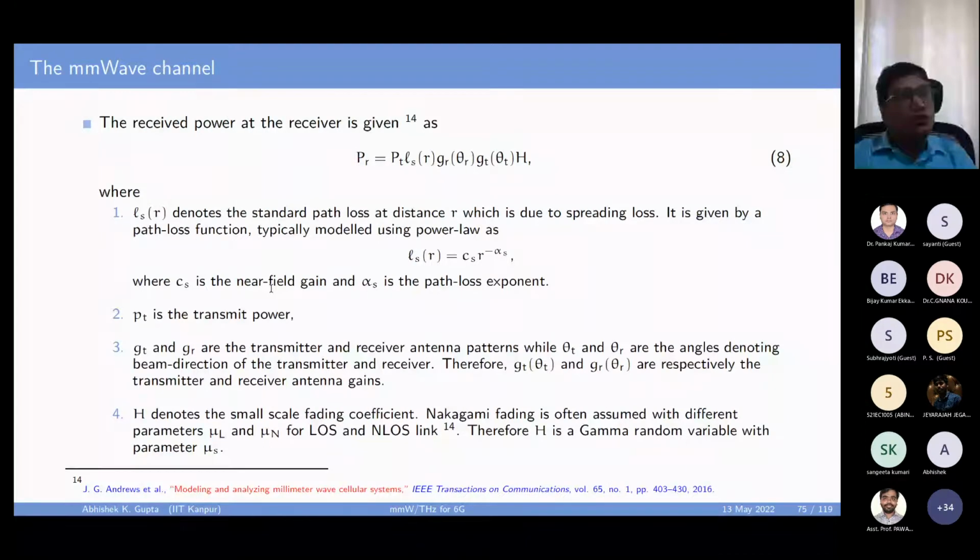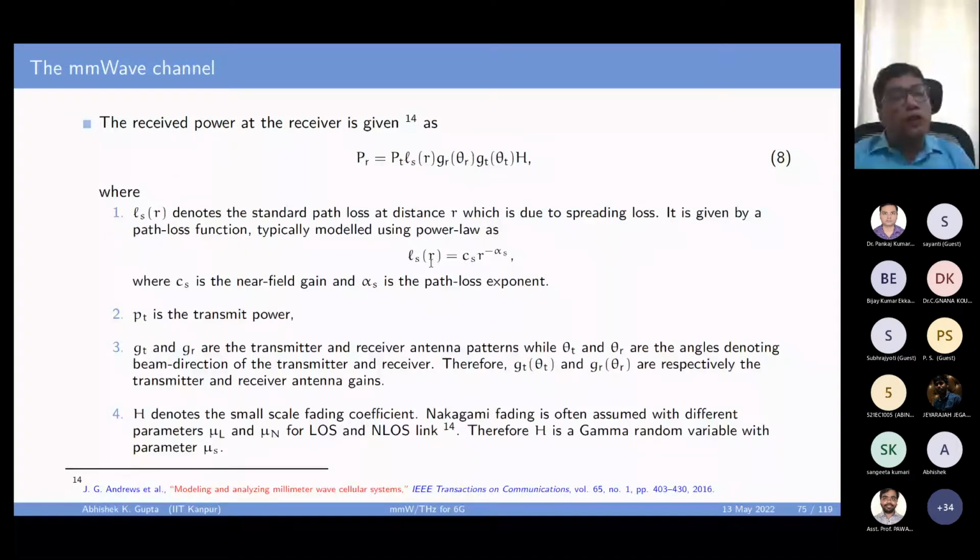So for a particular link, the received power is given by this formula. Let me explain these terms. P_T is the transmit power. L_S(R) is the path loss at distance R, the average loss in signal power at distance R, and this depends on S, whether it is a line of sight or non-line of sight component.